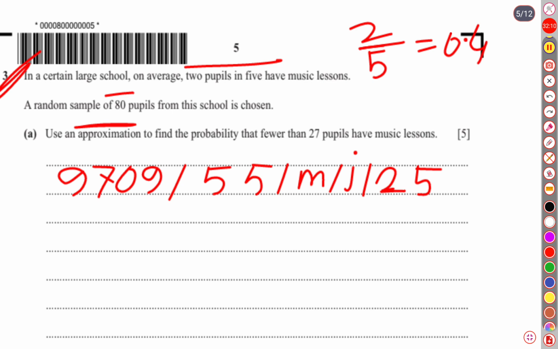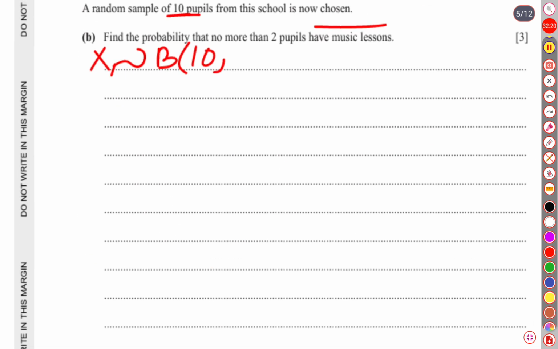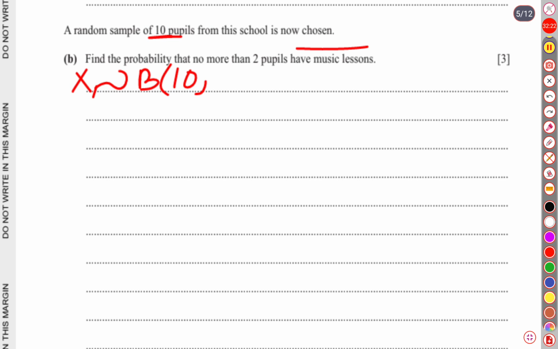So if the probability of taking music lessons is 0.4, then the probability of not taking music lessons is 0.6. So our p is 0.4, and q is going to be 0.6.